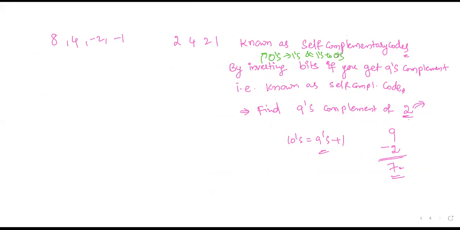Okay, we'll go with one example. Represent 21 base 10 in BCD code, XS3 code, 8 4 minus 2 minus 1 code, and 2421 code.